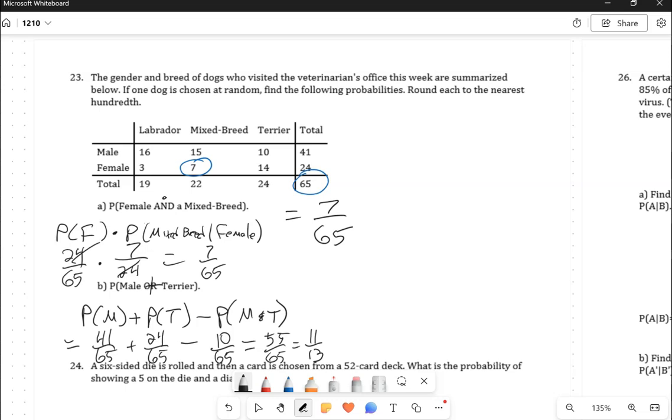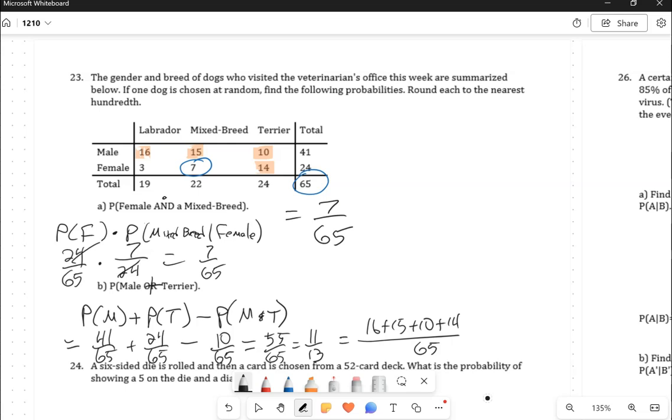Now the other thing you could do is just circle, this time I'll highlight, male or terrier. Those are the males. Or terrier, we can include these 14 female terriers. And that also reduces to 11 over 13.